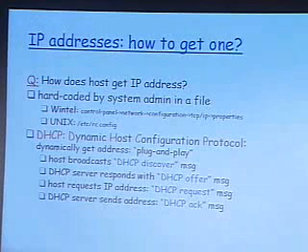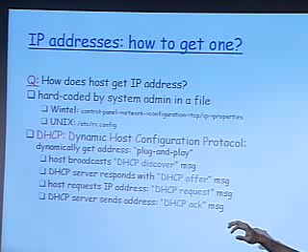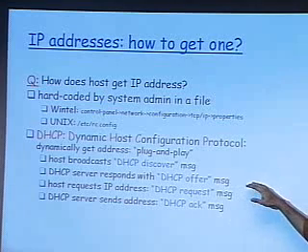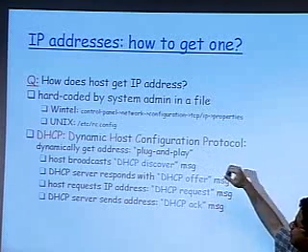So how does a host get an IP address? Suppose your network has been assigned an IP address block. Then either you hard code this IP address by editing some configuration file, or, as is typically done now, you get an IP address through DHCP. DHCP is the Dynamic Host Configuration Protocol.